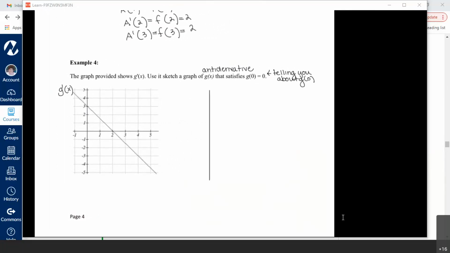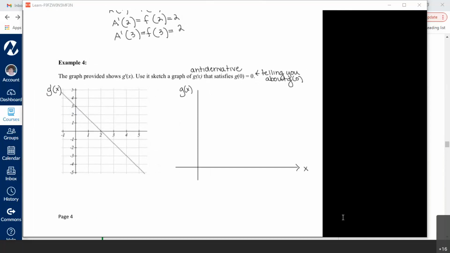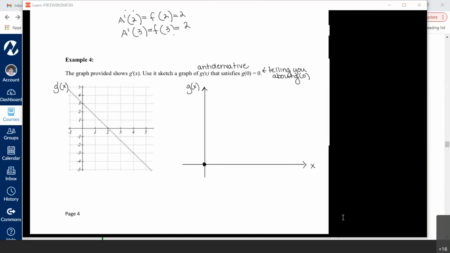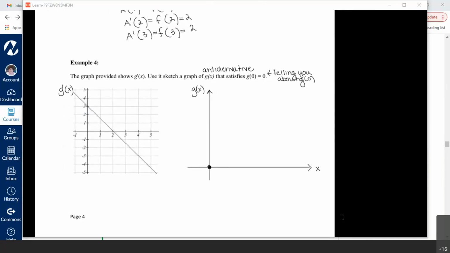So this is going to be g of x, and that's x. I know this point needs to be on the graph, since g of 0 is 0. Again, remember, the graph on the left is the derivative of the graph on the right.